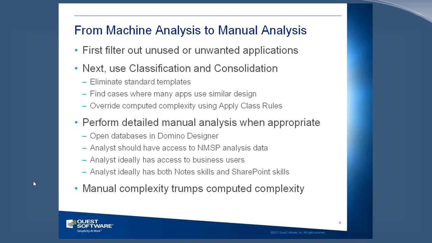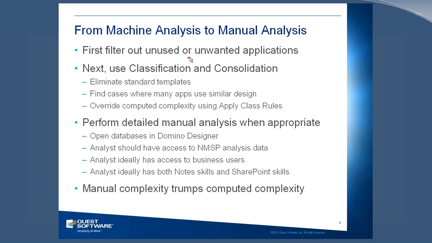Now, as you think about moving from doing the machine analysis, where you get this report that says this one's a P1, this one's a P4, this one's a P5, in terms of complexity, you want to take that and go through a series of iterations to both filter out the ones you don't want and then do a better job of understanding the complexity.